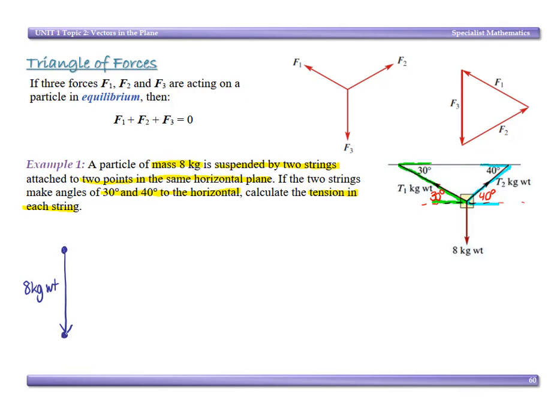Okay, now I'm going to draw in my T2. It's at 40 degrees. So if that's 40 degrees, we know that's 50 degrees. So this is T2.